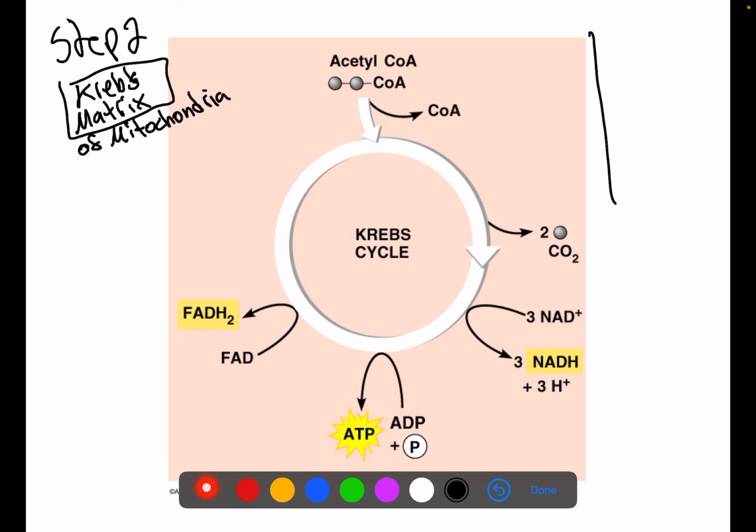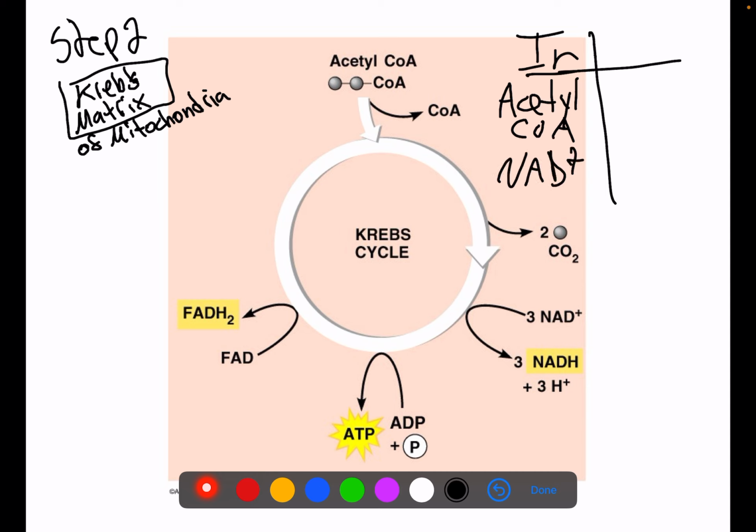What goes in, what goes out? All right, follow your arrows. First thing going in is that important acetyl-CoA. What else is going in? NAD is going in. ADP and phosphate are going in. What else is going in? FAD is going in.